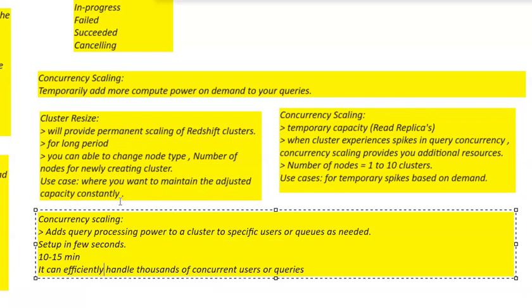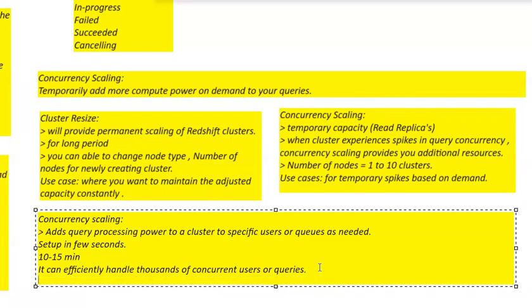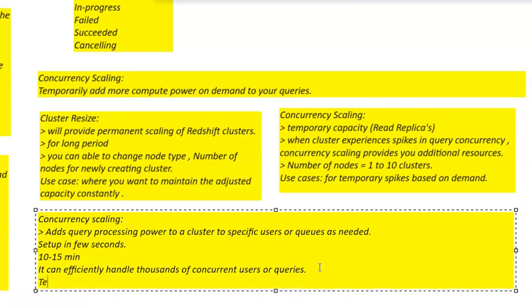Whenever you have a lot of clusters and your concurrency resources are available, those will be terminated back as well. Whatever temporary capacity was created by this concurrency scaling will be automatically removed or deleted whenever the cluster faces less traffic.